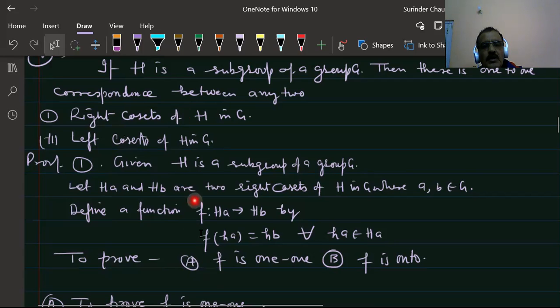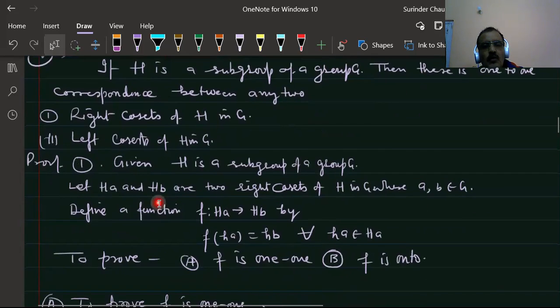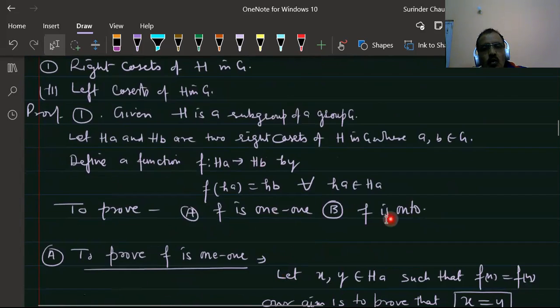In order to show that the two right cosets have a one-one correspondence, we have to show that the mapping f defined from one right coset to the other right coset is 1-1 and onto. If f is 1-1 and onto, it implies the two right cosets of H in G have a one-one correspondence.